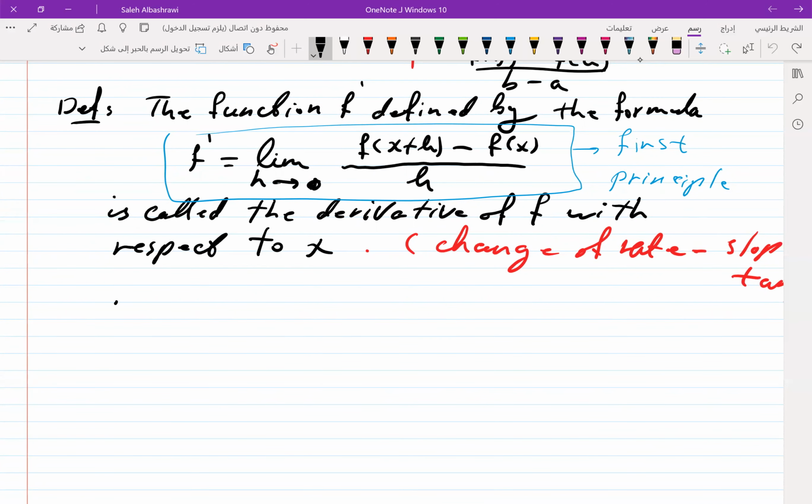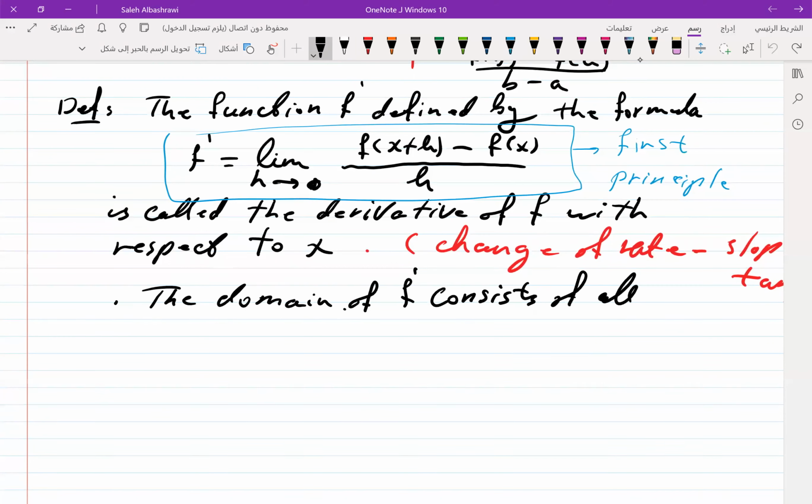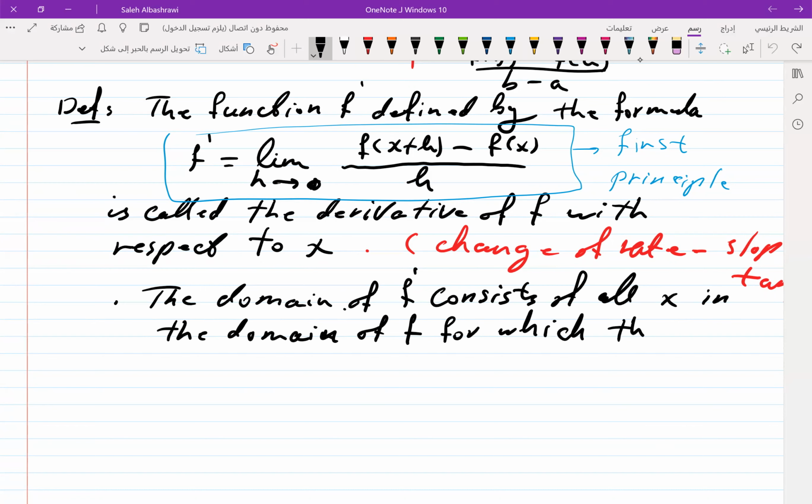Now the domain of the derivative f prime consists of all x in the domain of f, not x, for which the limit exists.